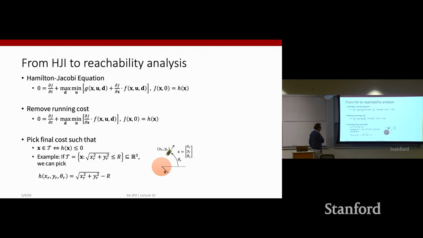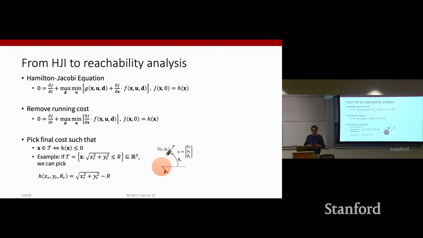Remember the equations that one needs to solve in order to find the optimal control profile in a differential game. In our problem, we only care about getting into the backward reachable set at the final time. There is no notion of a running cost. So accordingly, we set the running cost g equal to 0 for the specific case of computing backward reachable sets. We are only left with the final cost h, which shows up in the boundary condition for the partial differential equation.